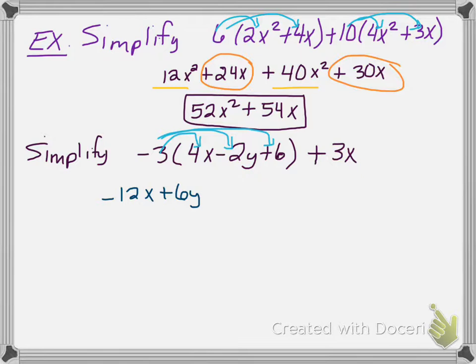And a negative 3 times 6 becomes a negative 18, plus 3x. So after you distribute, look to see if you could simplify. In this case, we could simplify the negative 12x and the 3x, which gives us a negative 9x. And everything else, we just bring it down.